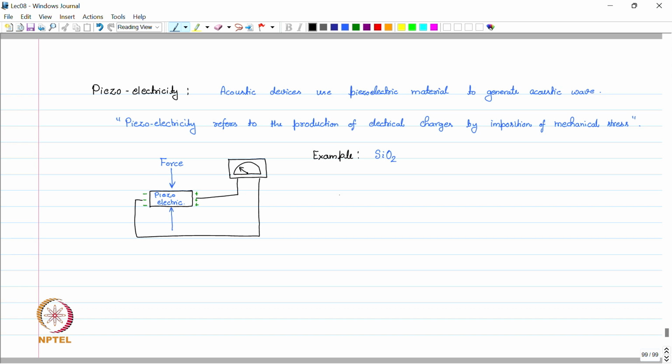Let us say we have a crystal in uniform state when we are not applying any force. At that point we have silicon and oxygen atoms in this structure.